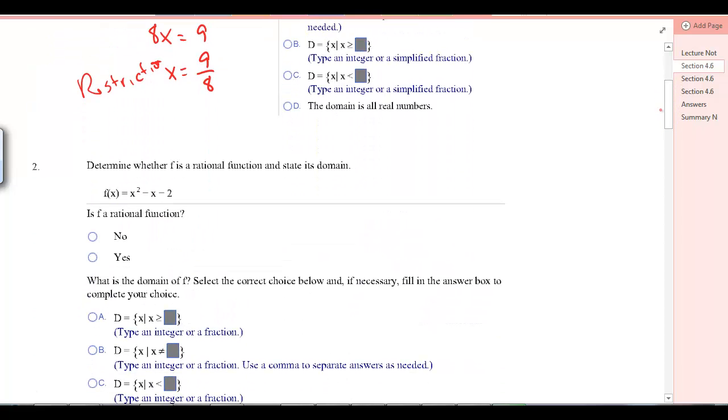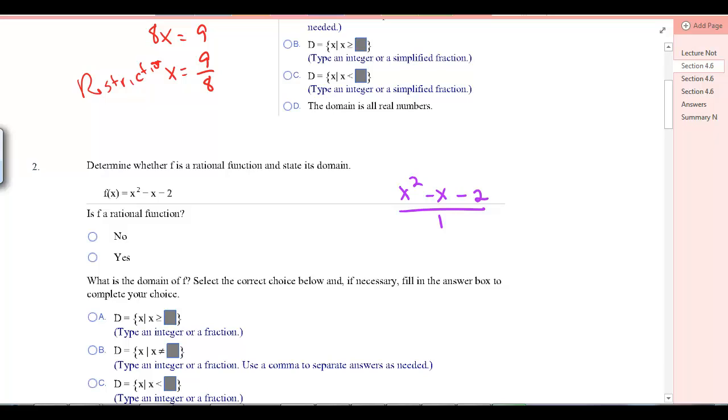Number 2. Now, at first glance, when you've been used to looking at rational functions where you have something over something, people want to say, no, this is not a rational function. But let's think about that: we could write this as x squared minus x minus 2 over 1. And remember, a constant function is considered a polynomial as well.